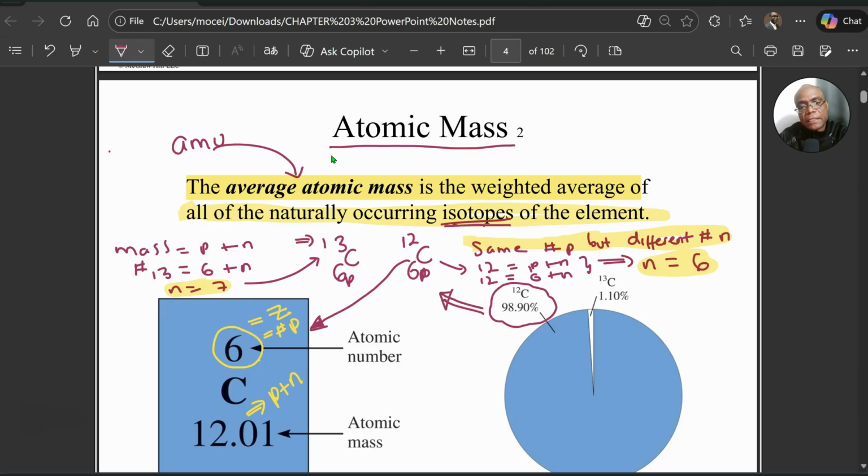Almost 99% of the carbon present on Earth is in the form of carbon-12, and approximately 1% is going to be carbon-13.